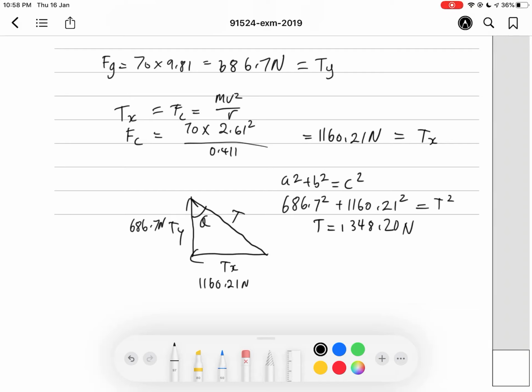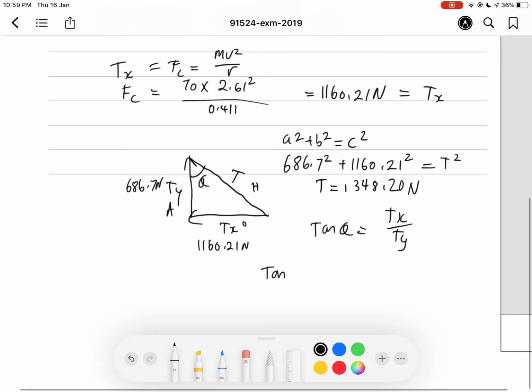Now we need to find this angle theta. In this case, we can use inverse tan. We have our opposite side, which is Tx, and the adjacent side, which is Ty. Using SOHCAHTOA, tan theta equals Tx over Ty.